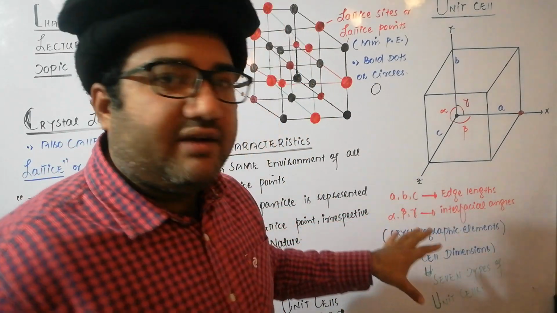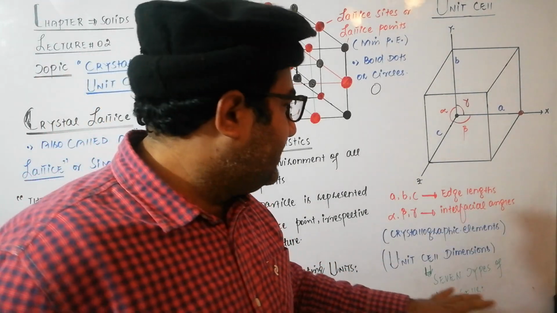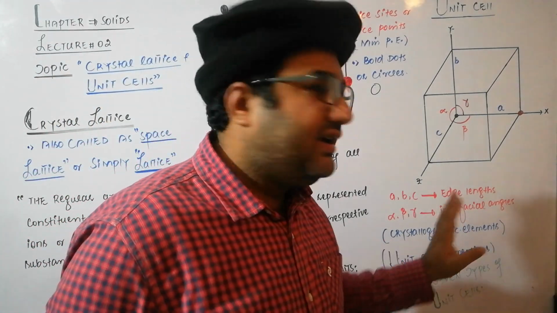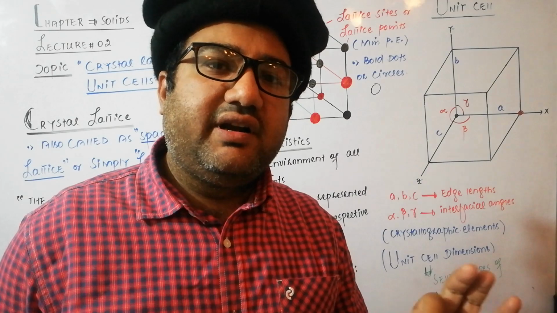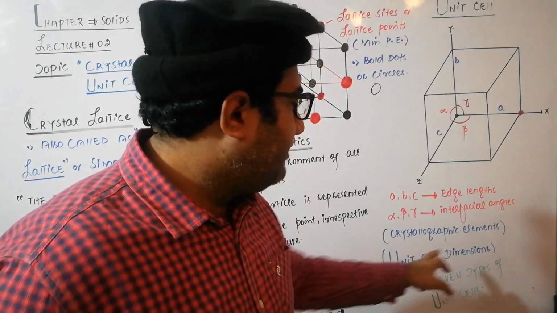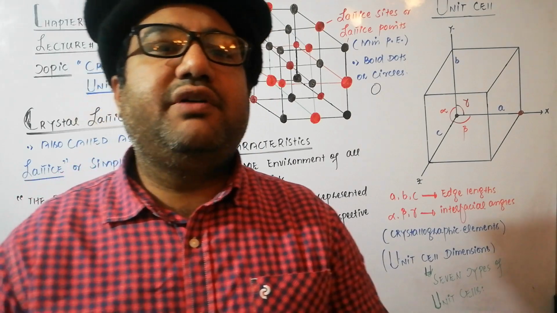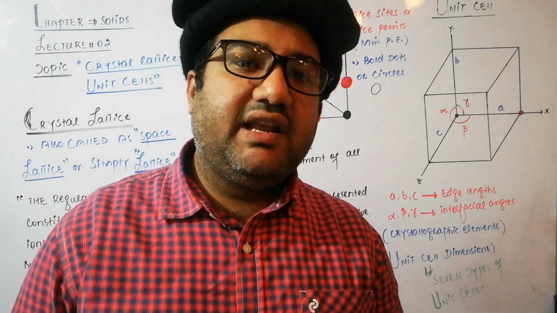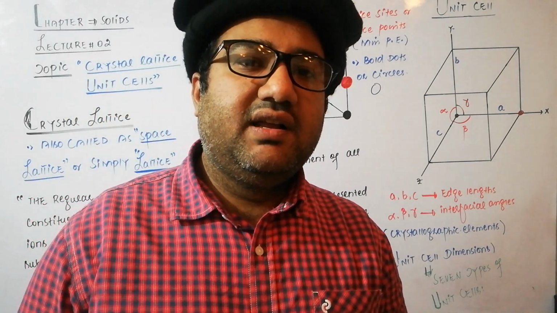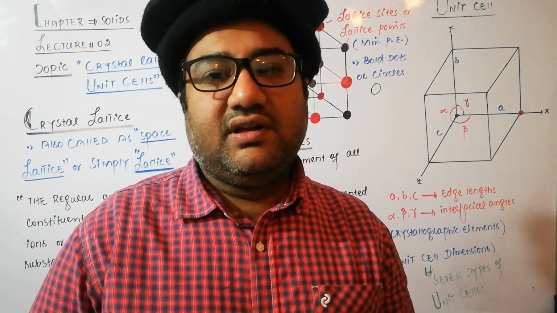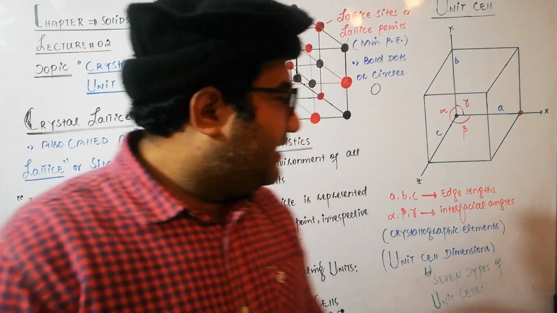And these six parameters are collectively called the crystallographic elements, or you can also call them the unit cell dimensions. And depending upon the relationship between these unit cell dimensions a, b, c, alpha, beta and gamma, there are seven types of unit cells.